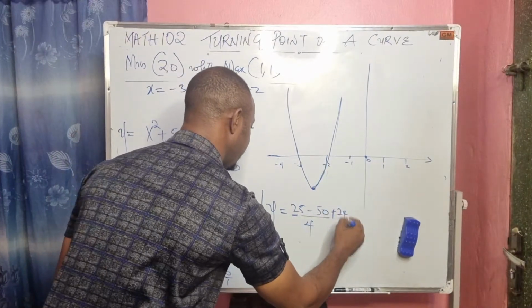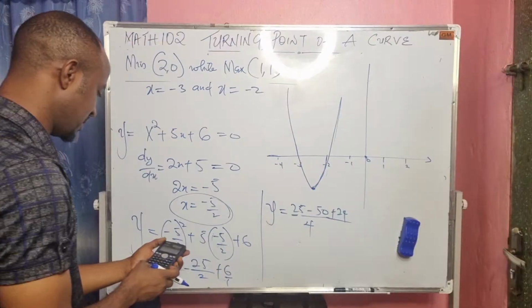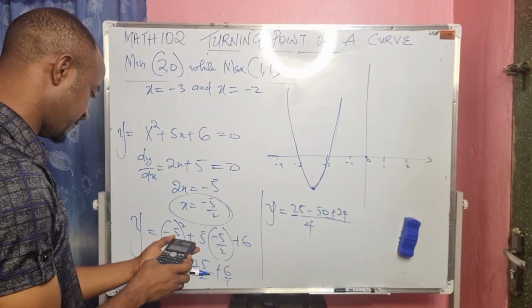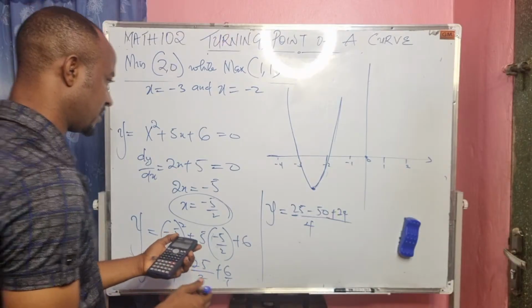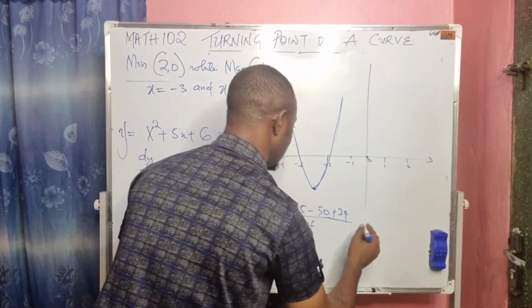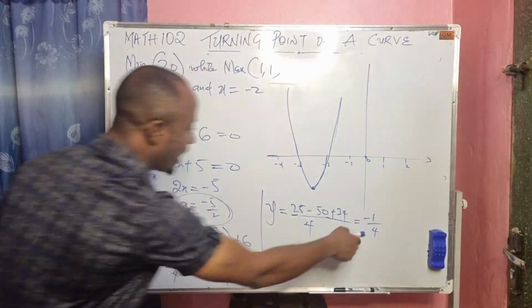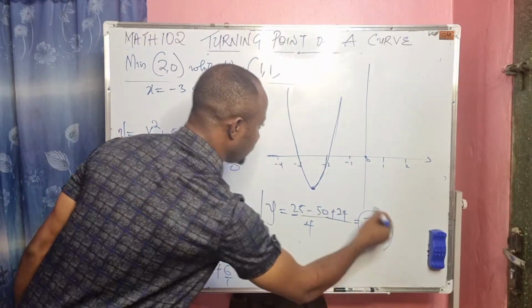So plus 24. Let's add this up: 25 minus 50 plus 24. Okay, that will give us minus 1 over 4. So that means our y coordinate is minus 1 over 4.